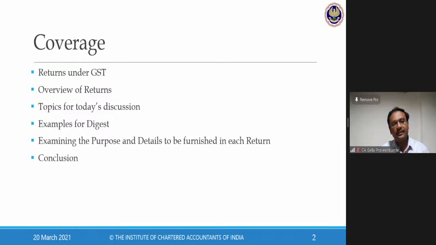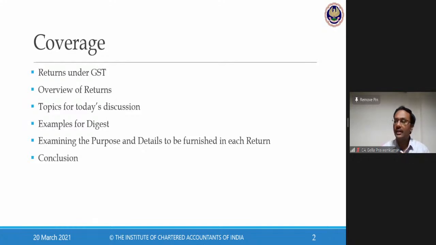I'll touch upon a couple of examples before we start with returns under GST law. I'll bring forth examples which make you think about when returns are to be filed under this law. Also, we will understand the purpose and how each of these returns has to be filled up.